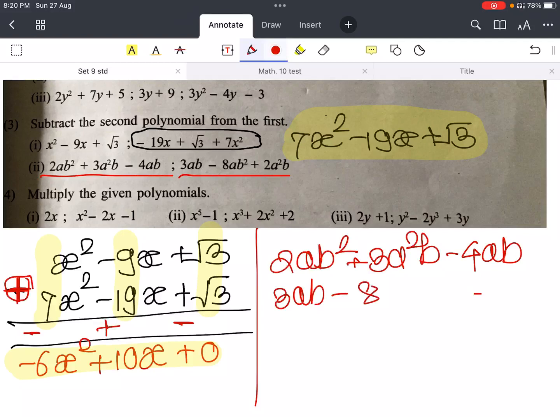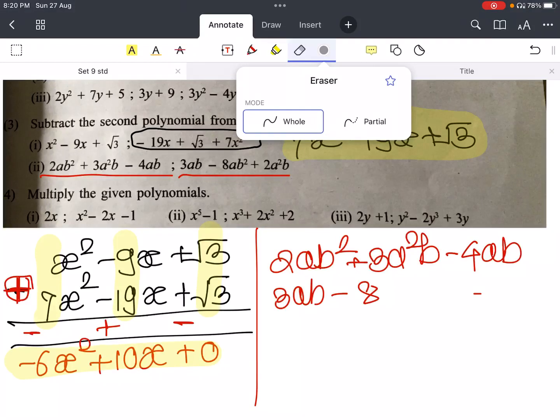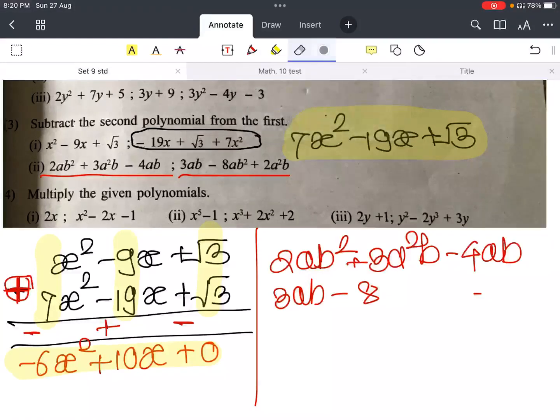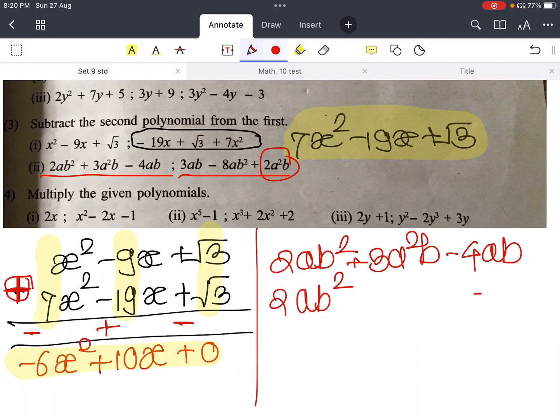3ab minus 8, sorry, don't write like this, because we have to simplify this first. So ab square, we have to write it first. So we will convert this first to ab square.